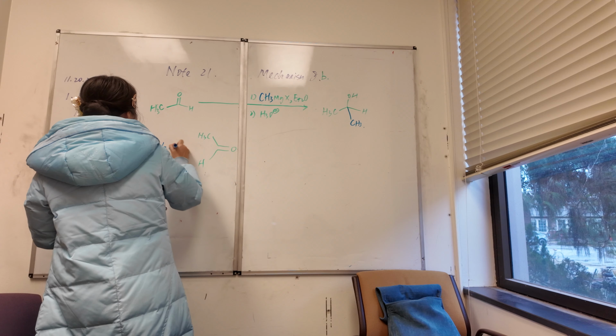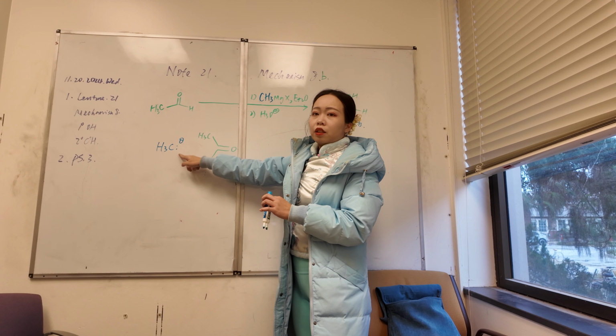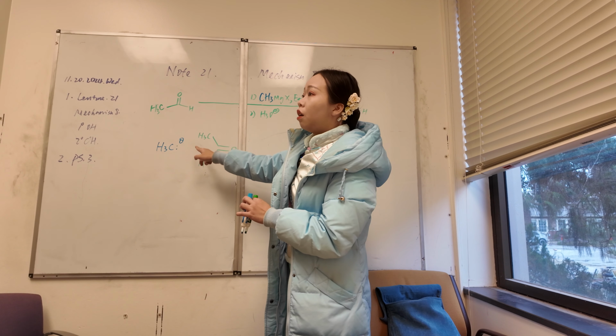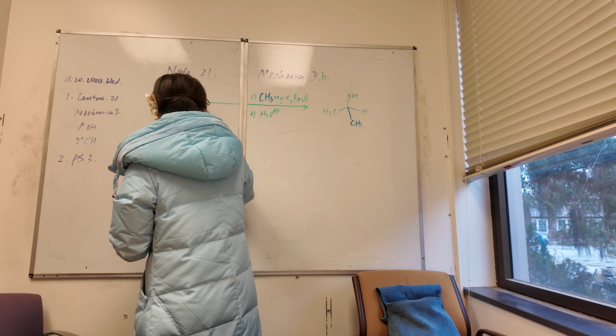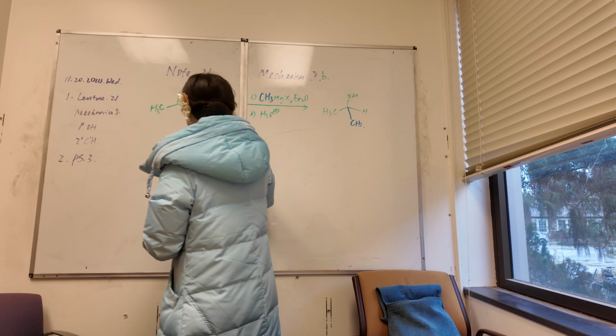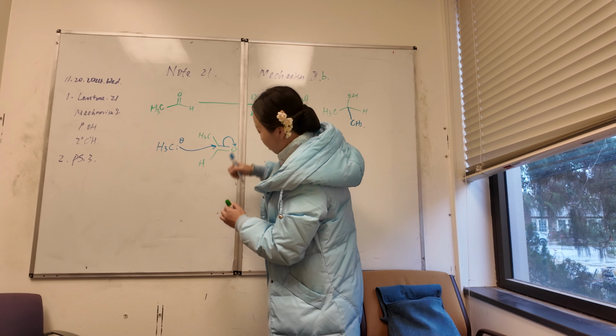So, are we good with just rewriting them with a minus R group? Are we good? All right. So the attack is the same thing here. Attack the center carbon. One of your bonds, okay, is here.